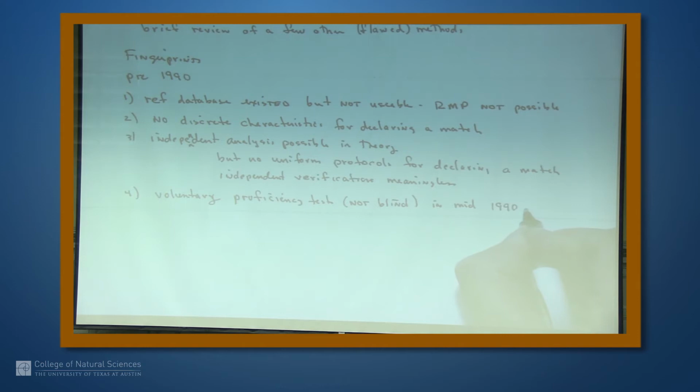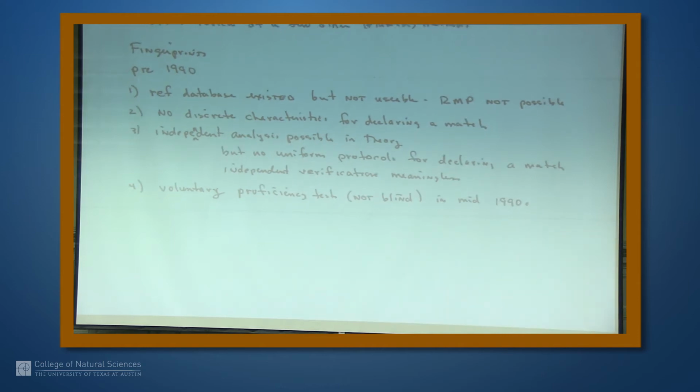And if we've been using the technology since the 20s, why suddenly do proficiency tests become a good idea in the mid-1990s? What's going on, do you think? This was before CSI television shows.